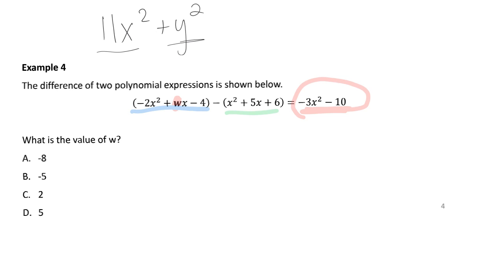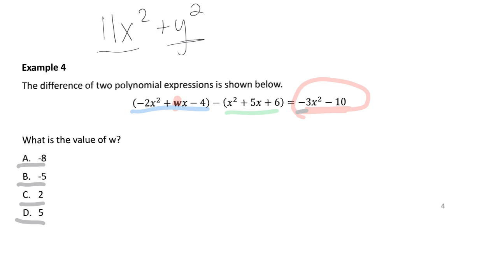So what I'm going to do, well, you could do this two ways. You could either plug in all these values for w and see what works. Or what I'm going to do is combine my like terms first, okay? See what we really need to do to this w before I do anything, okay?